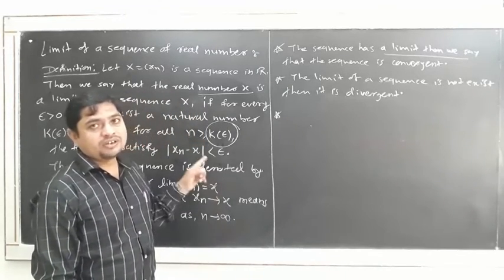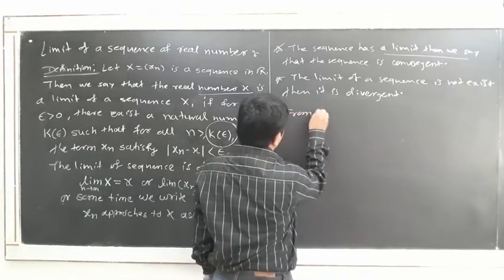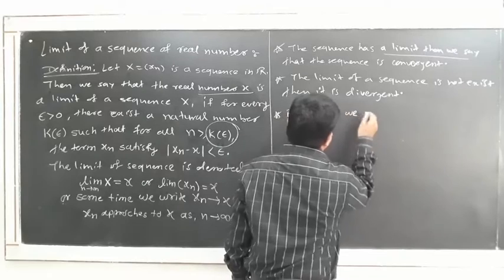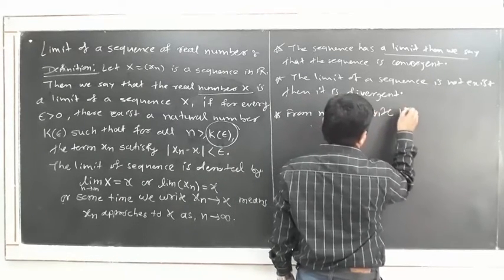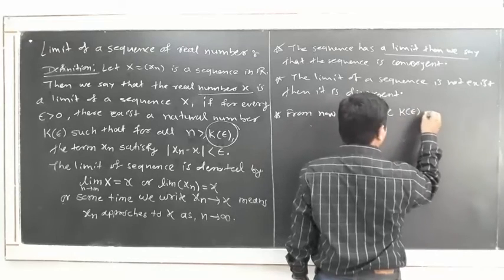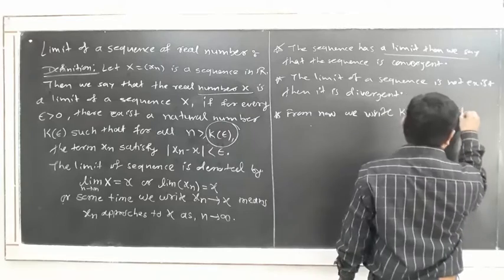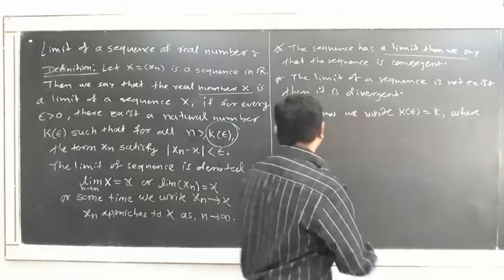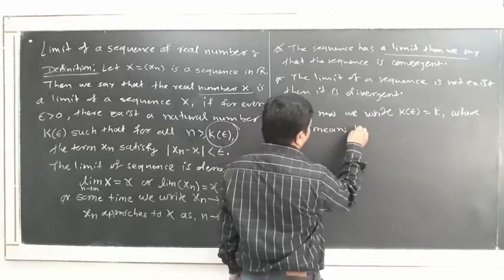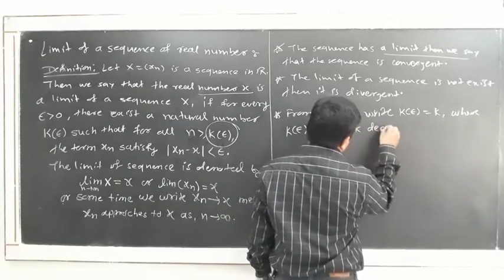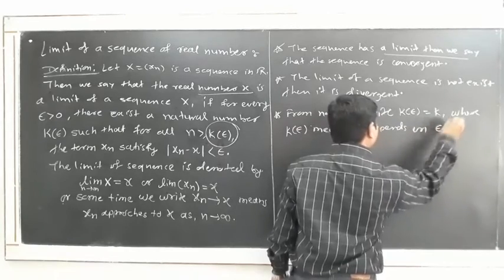We are writing just K. That is, from now we write K(epsilon) = K, where K(epsilon) means K depends on epsilon.